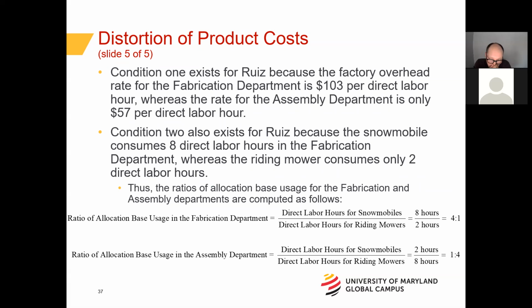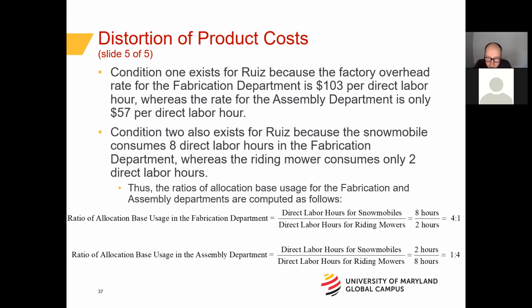But we can look at how time is being utilized based off of these rates. You can do that for the two departments, fabrication and assembly, based off of the amount of time that snowmobiles and riding lawnmowers take. In the fabrication department, we're using a 4-to-1 ratio. And for assembly, it's a 1-to-4 ratio.